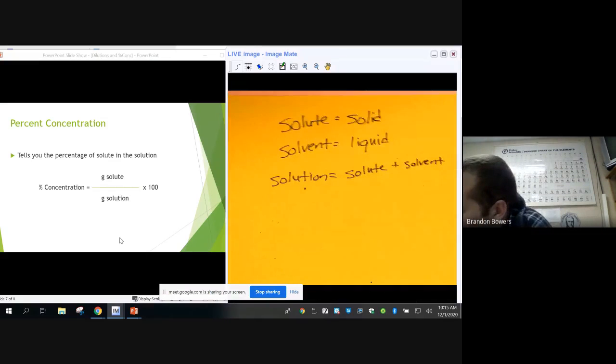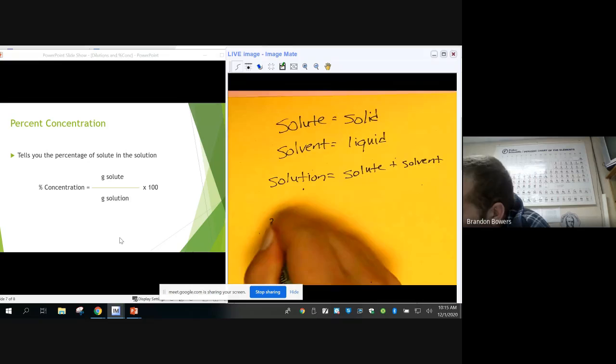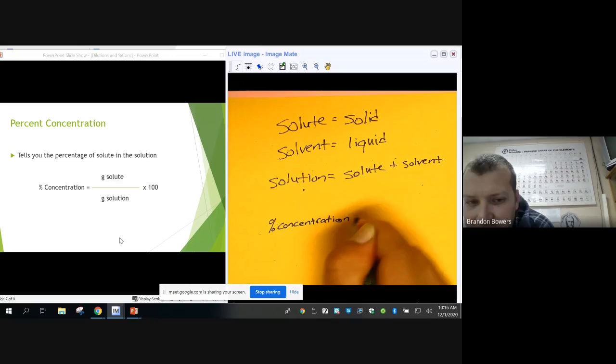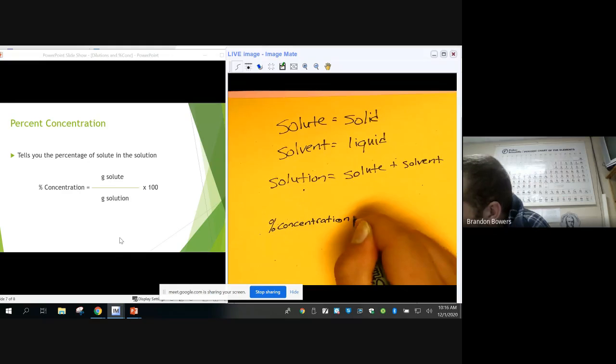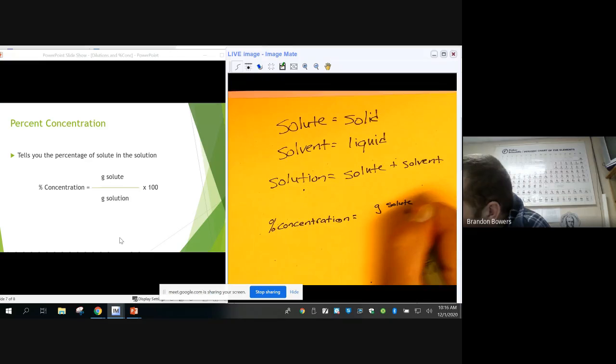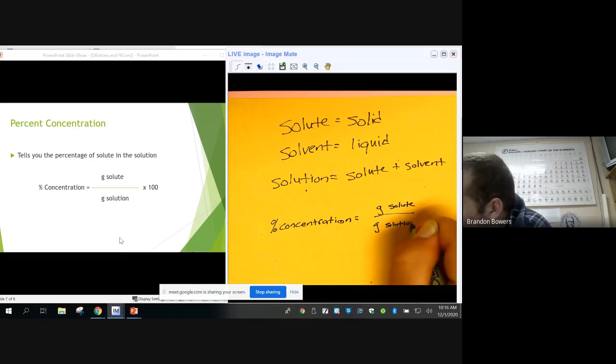So the equation is percent concentration is equal to the grams of the solute over the grams of the solution times 100.